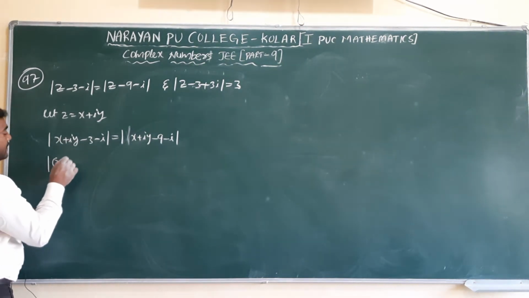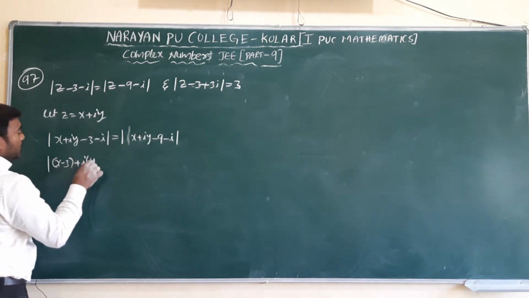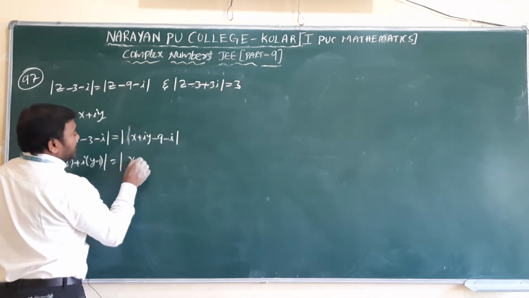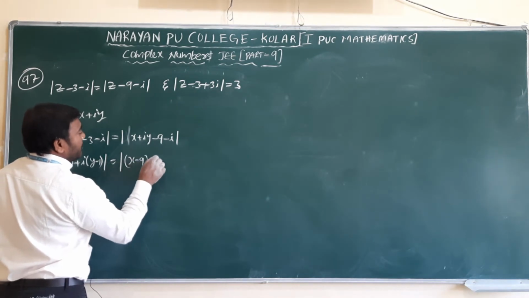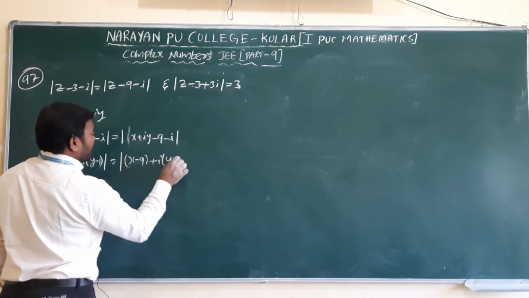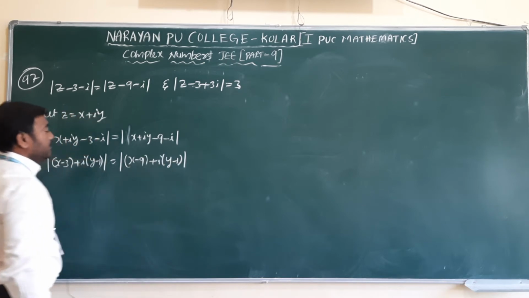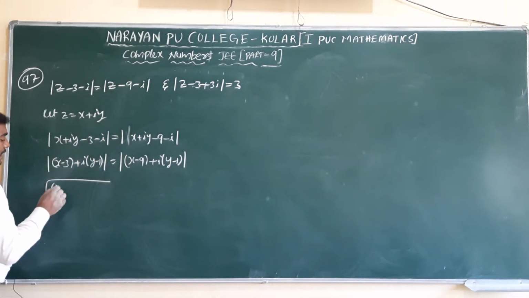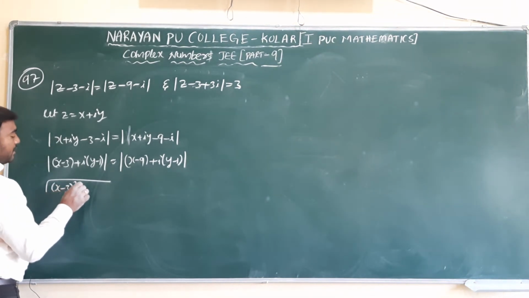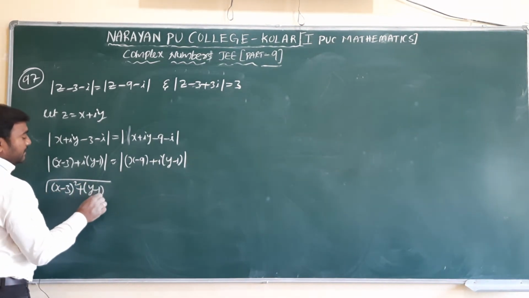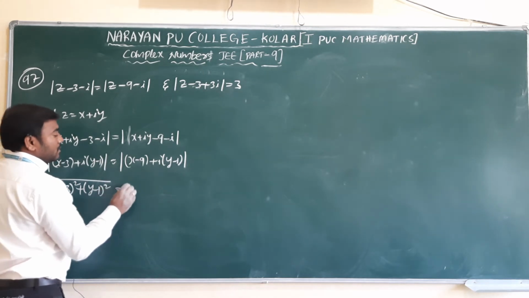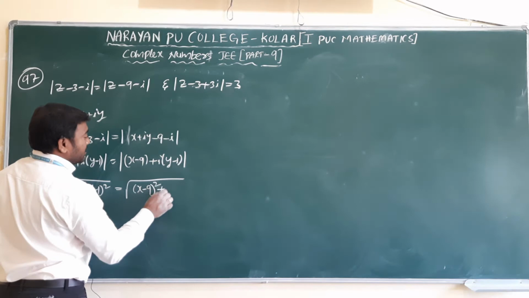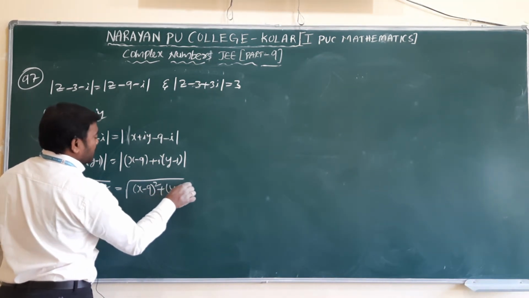(x − 3) + i(y − 1) = (x − 9) + i(y − 1). Now applying the modulus, √((x − 3)² + (y − 1)²) = √((x − 9)² + (y − 1)²).